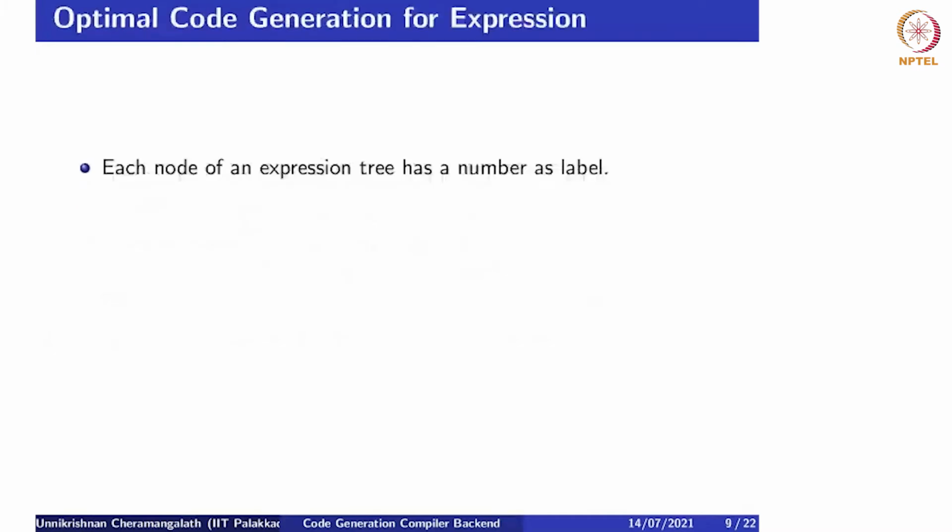So in this lecture, we look at optimal code generation for expressions. Each node of an expression tree has a number as label. These numbers are sometimes called Hershov numbers.